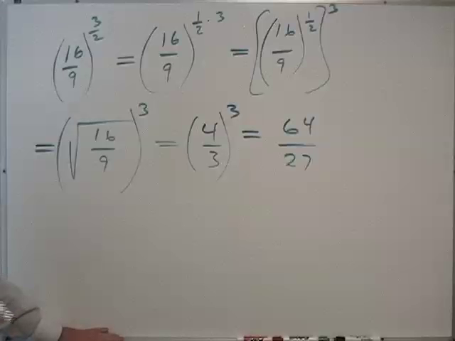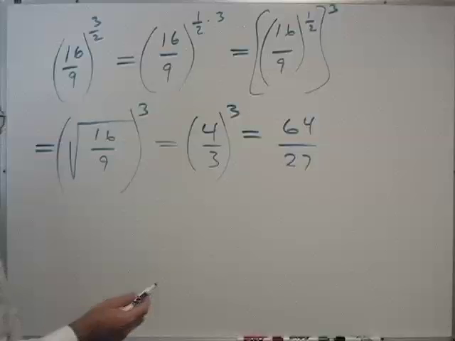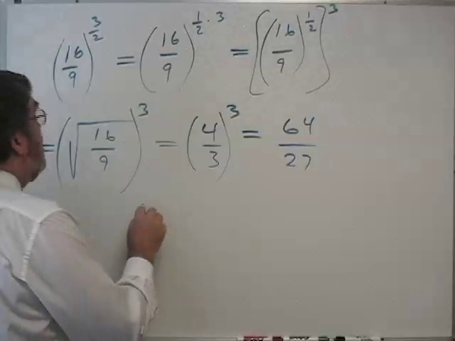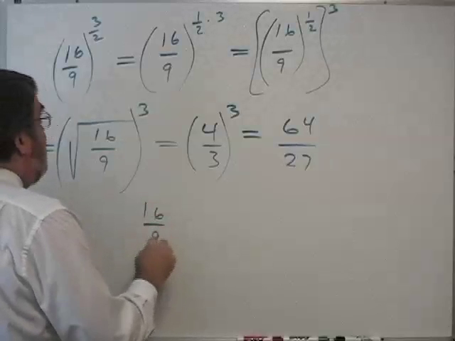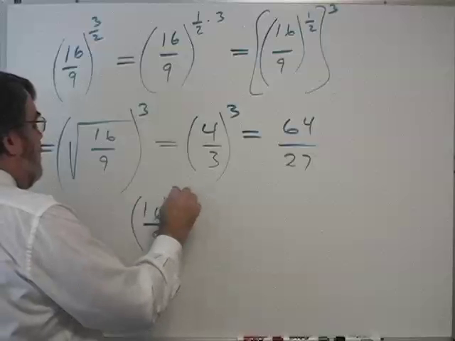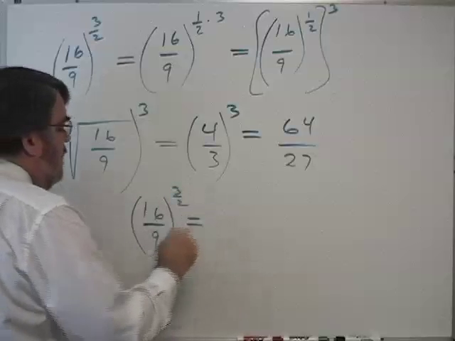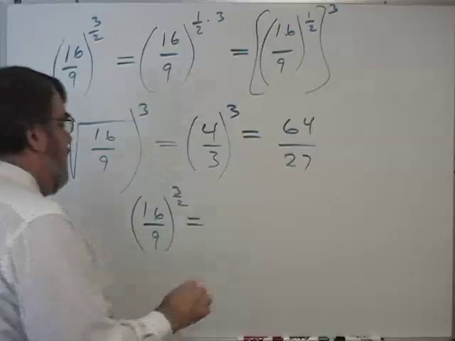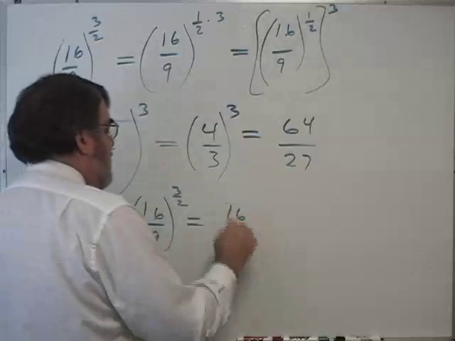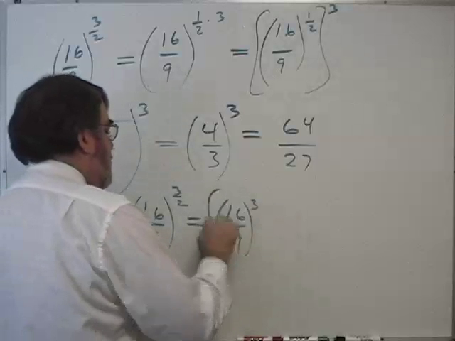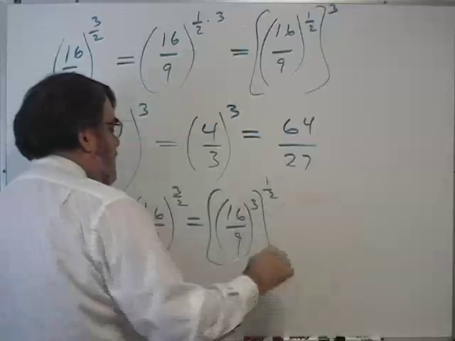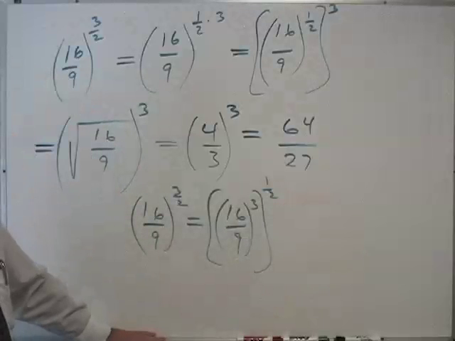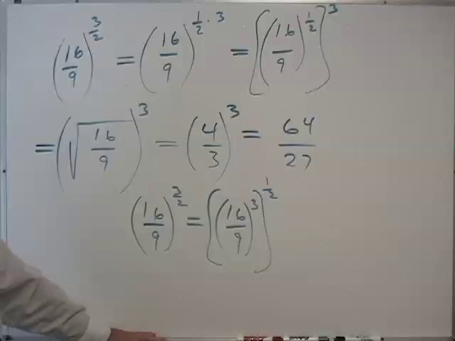It would be acceptable to do the following, but probably not the best thing to do. 16 ninths to the 3/2. You could think of it also as 16 ninths to the 3rd power raised to the 1/2. Well, in that case, we'll end up with a lot larger numbers.